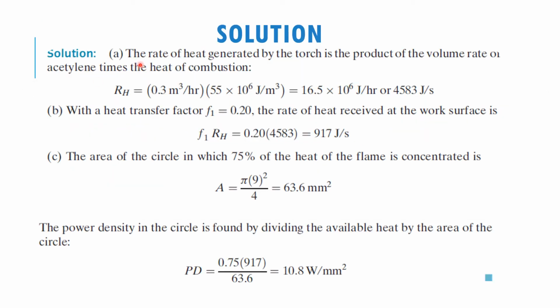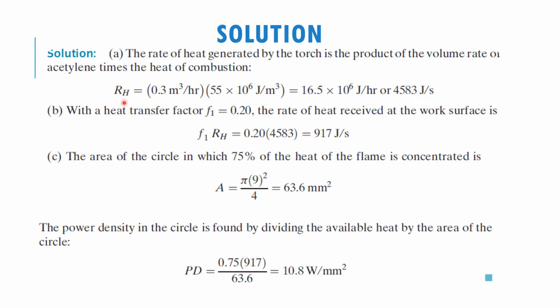Now, let us see A, which is how much heat is liberated. Since it's given that the gas is supplied at 0.3 meter cube per hour, and if you remember previously, the value for the acetylene after the combustion is around 55 times 10 to the power of 6, what you have to do is just calculate with this 0.3.